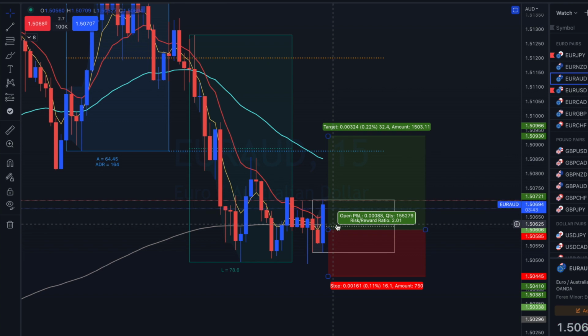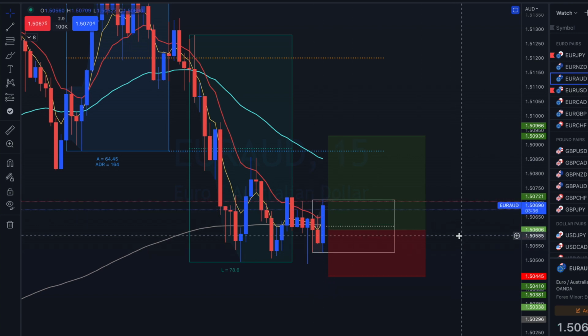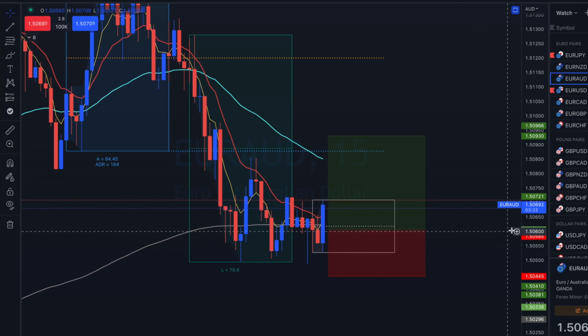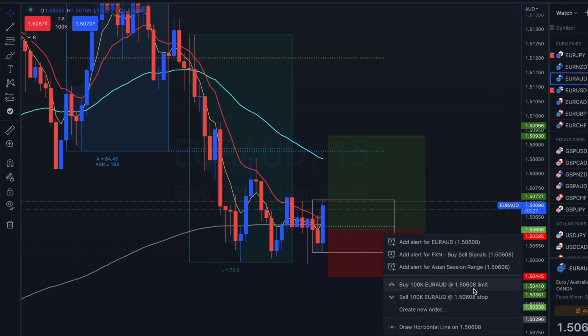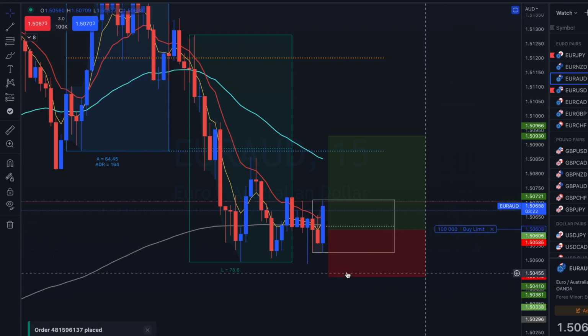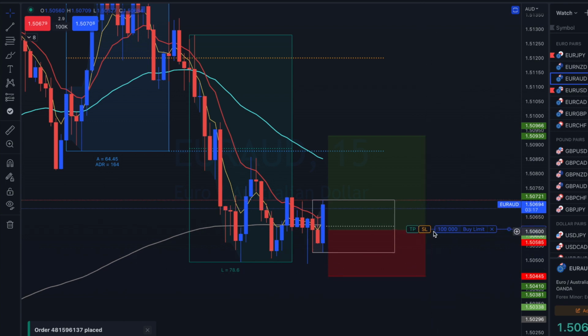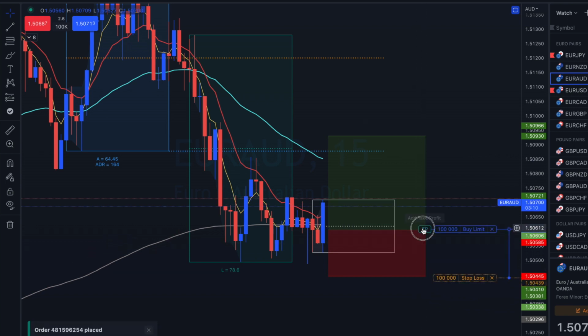Because that pullback is what you would use to get you into the trade. This could be a scenario where you could use a buy limit order to get the entry that you actually want, which would be somewhere here. You could place a buy limit order, then drag out your stop loss and your take profit on it.